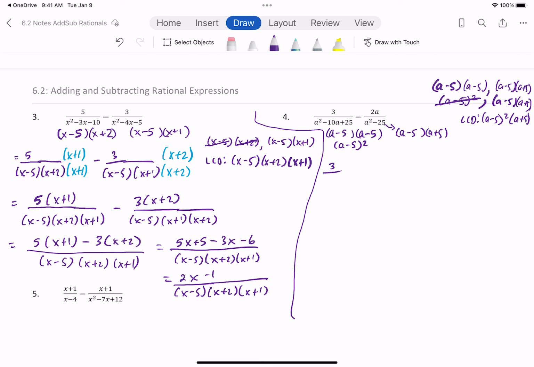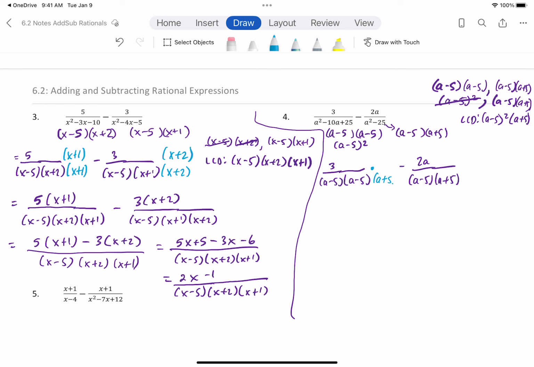So for my original problem, in order to have the same denominator, for the first one I have the 2 a minus 5s.